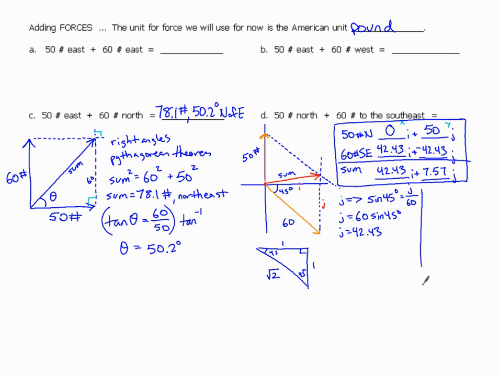Draw a line here. So working over here, I'm going to draw a triangle here. So on this side is the sum. This is my vertical or j component, 7.57. And this is my horizontal component, 42.43. These are the numbers from the sum.